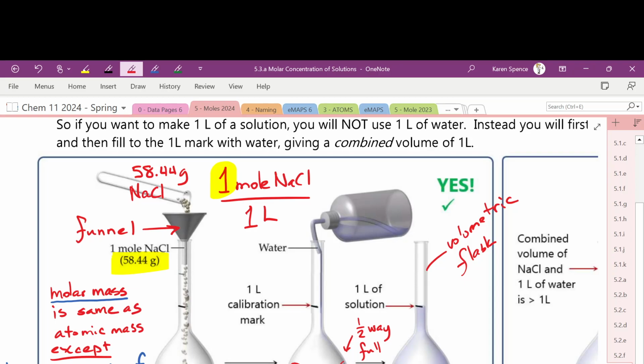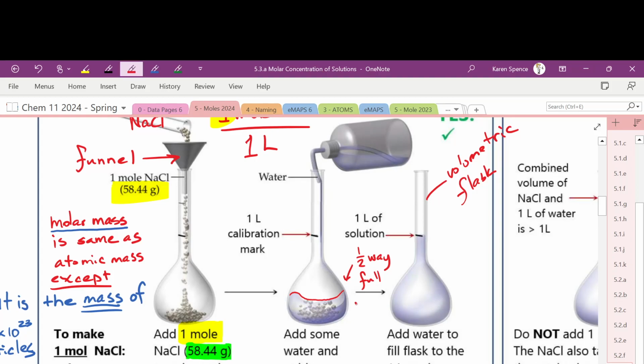Now, if I had solid in here, it would be sitting down at the bottom, yes? How would I get it to dissolve? I would swirl it. Now, why would I not fill it right up to the line just to start with? Because I can't swirl it, right? So halfway full, so we can swirl.